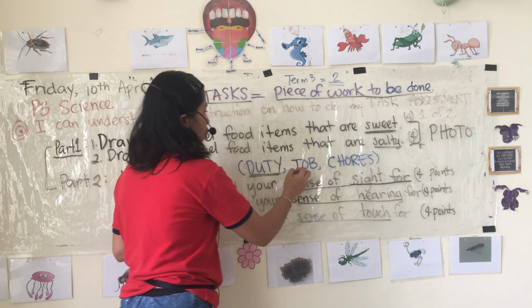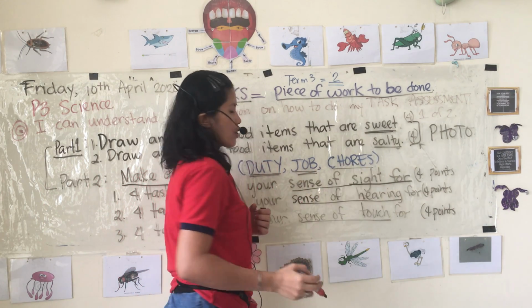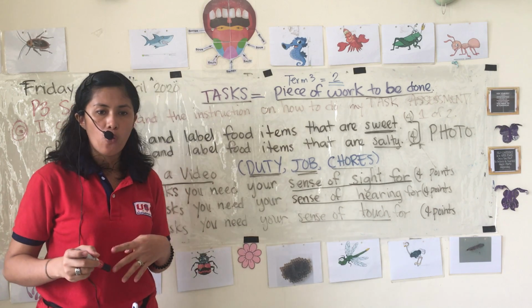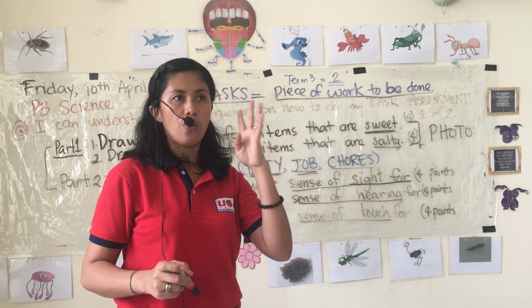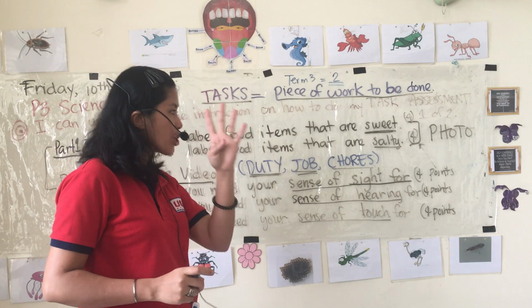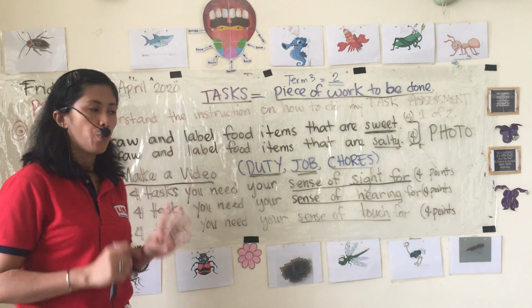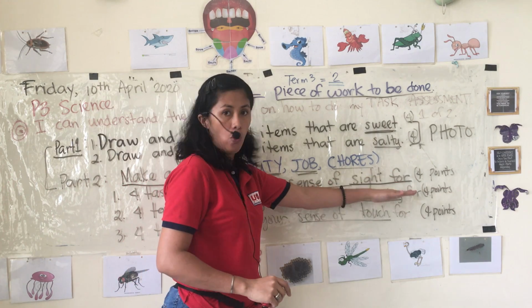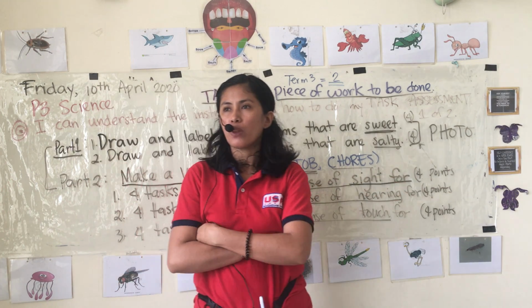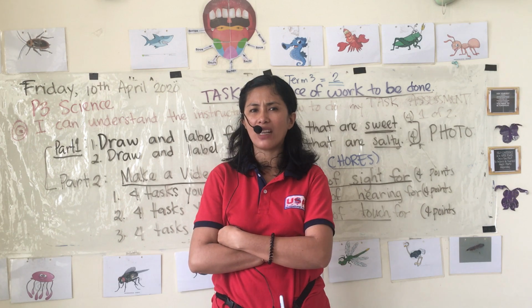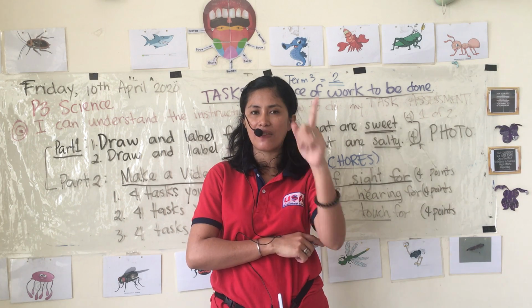Or a job or chores. So what are 4 chores, duty, job, or tasks that you are going to do that we use our sight for? For example, what are activities that we use our eyes or the sense of sight for?